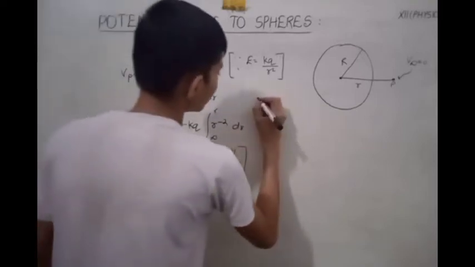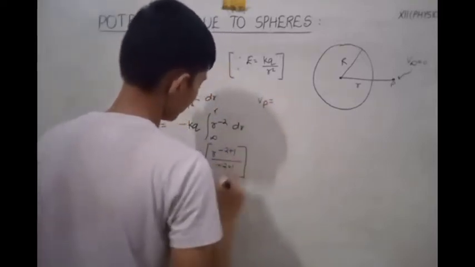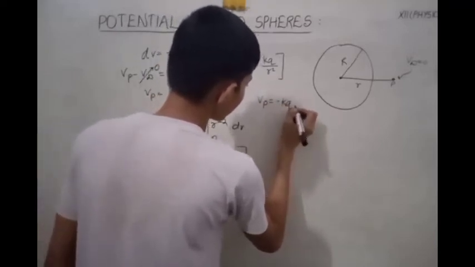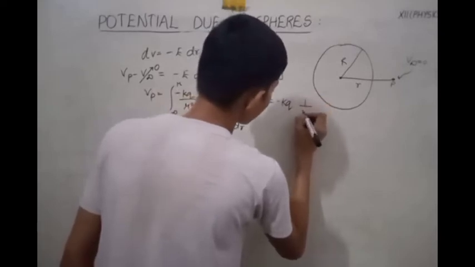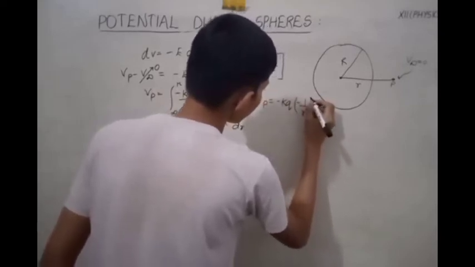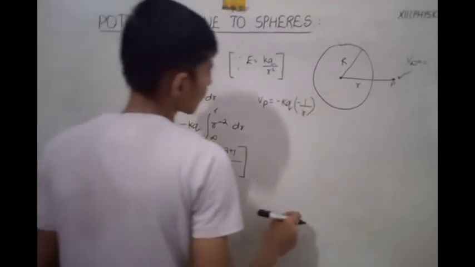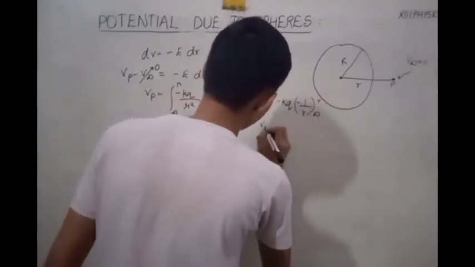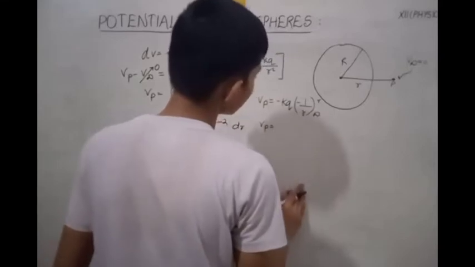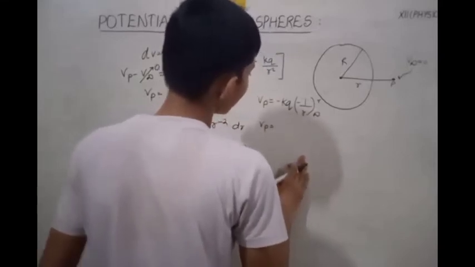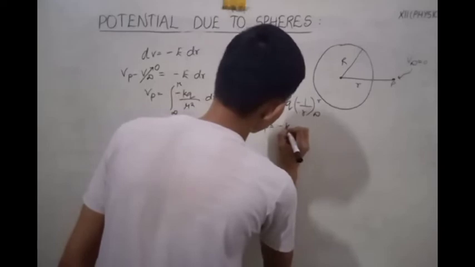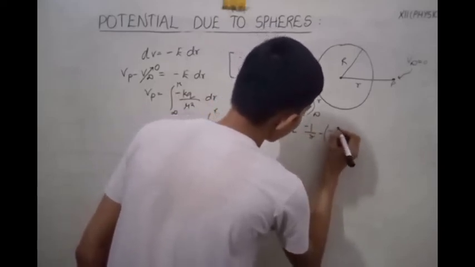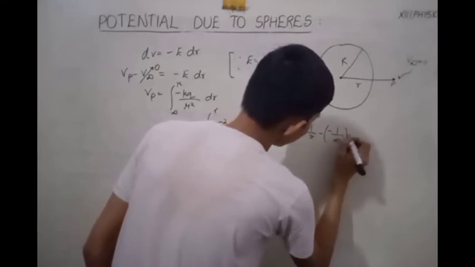Then Vp equals minus kq multiplied by minus 1 by r, and the limit is from infinity to r. First we will put the upper limit in place of r and then the lower limit, and the equation becomes minus 1 by r minus 1 by infinity.